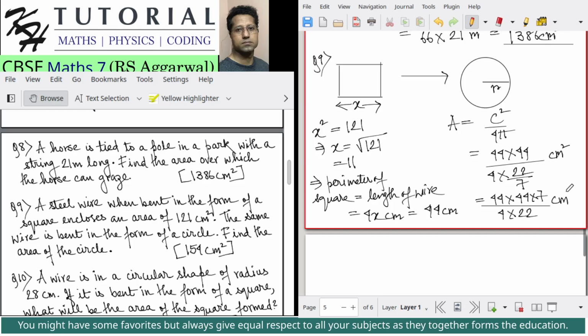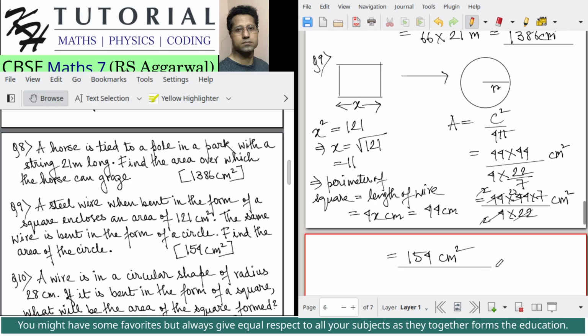Okay, 22 divides 44 with 22, so this should be equal to 154 centimeter square. So the area of the circle is 154 centimeter square.